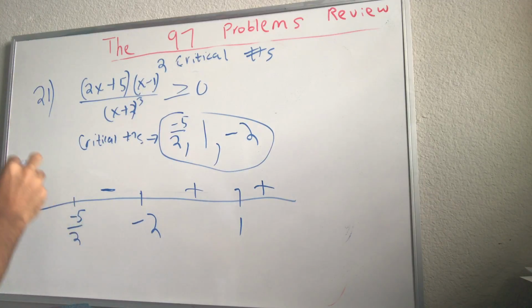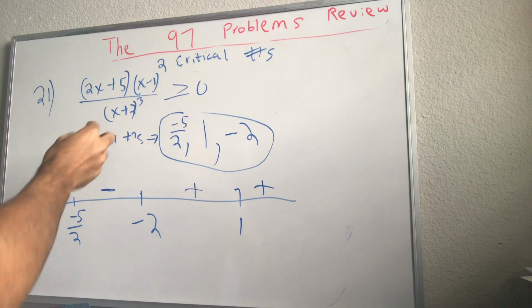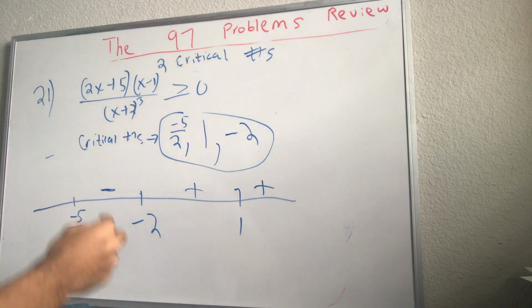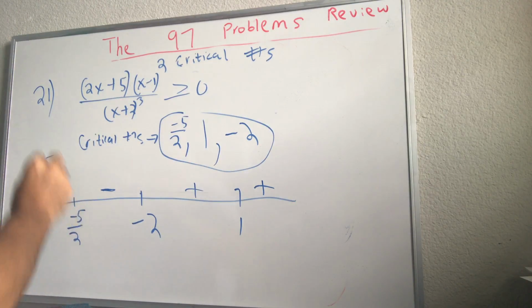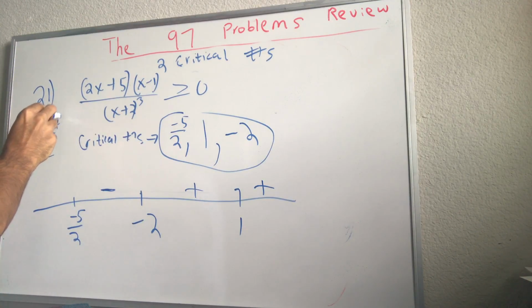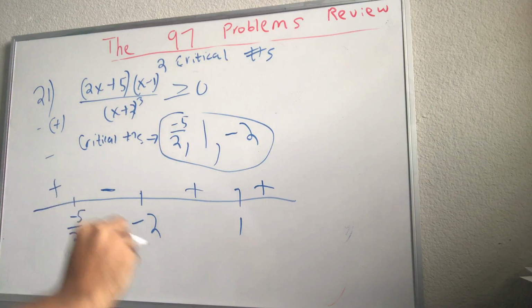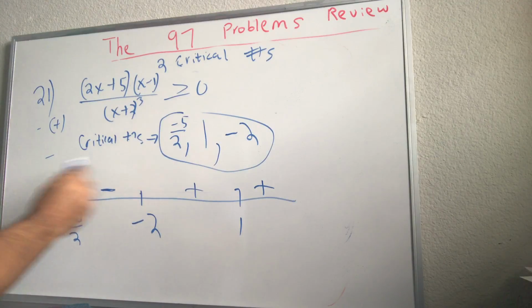Negative 1 cubed, you get a negative value. And then over here, negative 3 times 2, negative 6 plus 5, that gives you a negative value. And then negative 3 minus 1, negative 4 squared, that gives you a positive value. And so you have negative divided by negative, which is positive. So those are your intervals, those are your positives, your negatives.